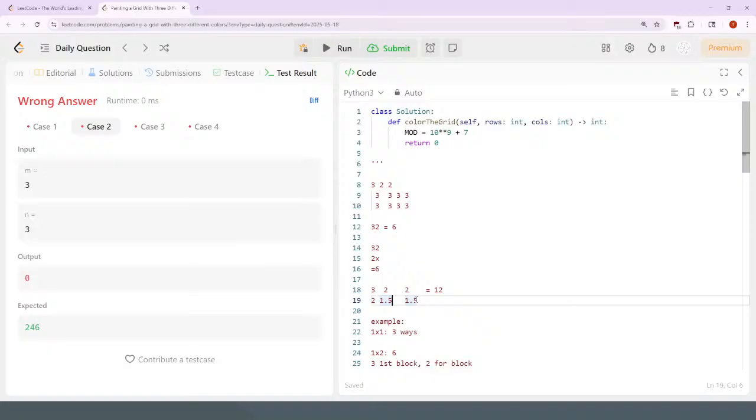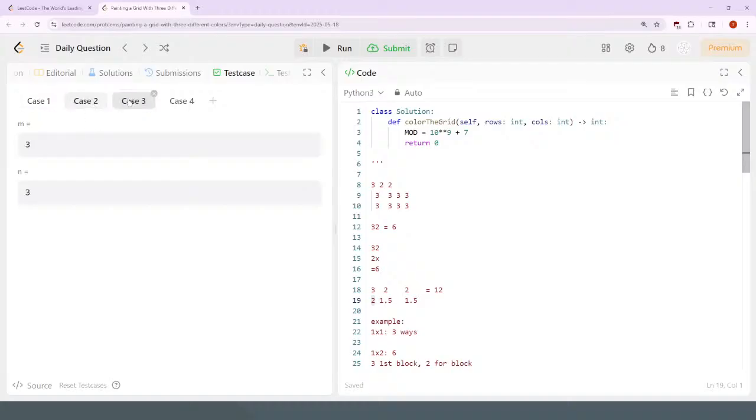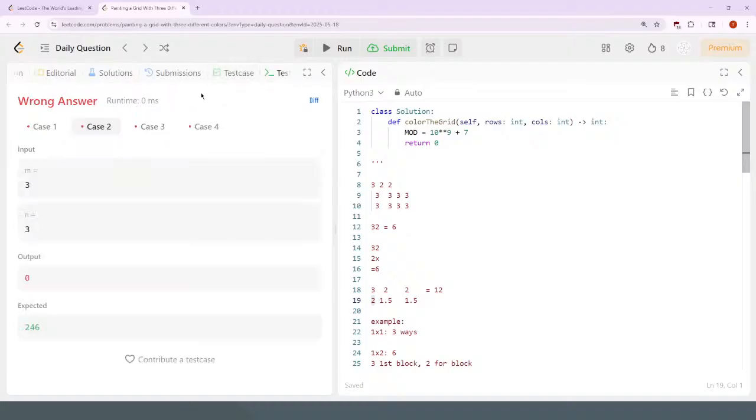I think it's 1.5. 2 times 2 is 4, times 2 is 8. Okay, so 2 times 1.5 is 3, 2 times 1.5 is 3, so 3 times 3 times 3 is 27 times 2 is 54. So 3 by 2 is 54. Yeah, 3 times 2, 2 times 3 is 54.